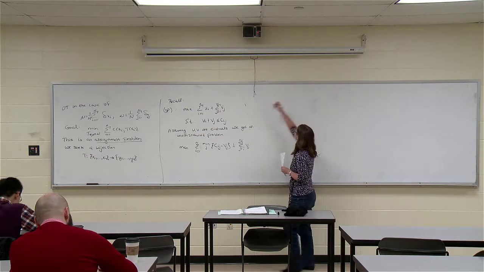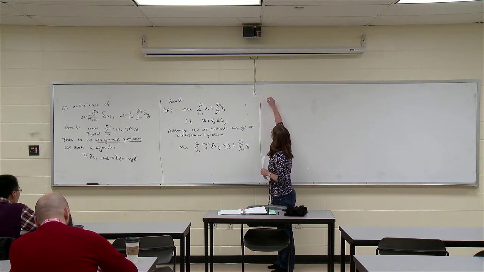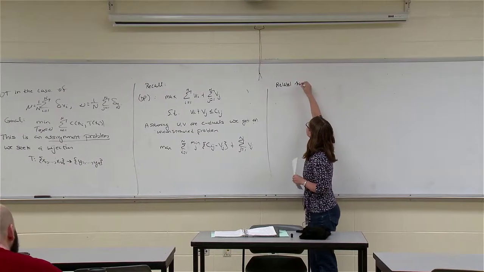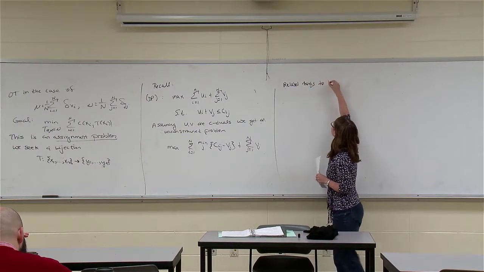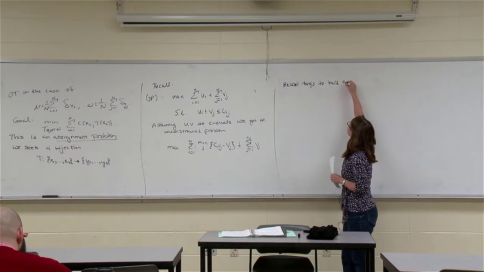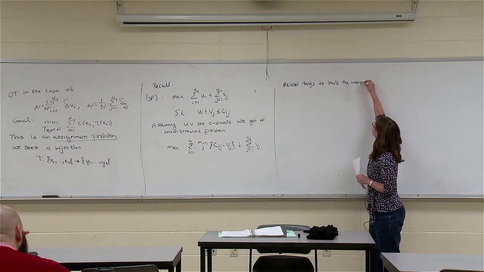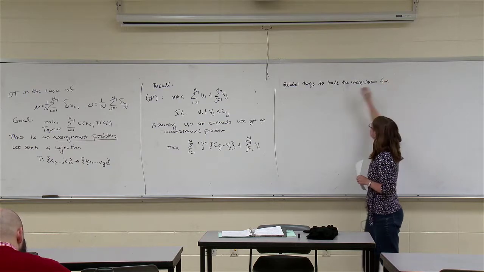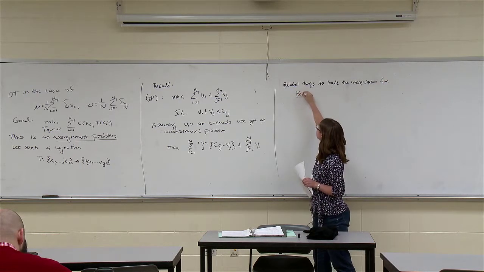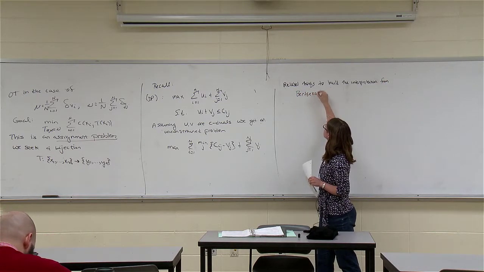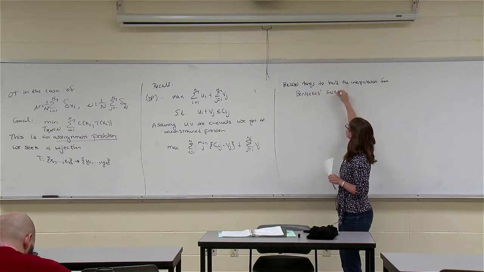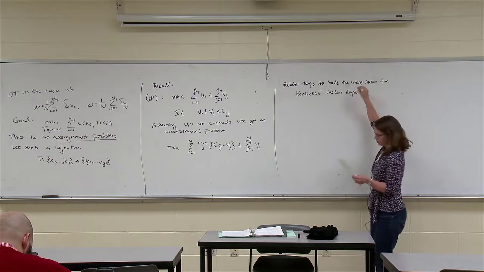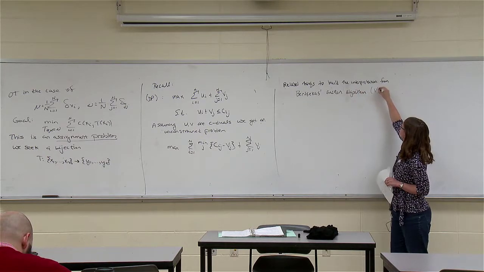So I'm going to relabel things a bit to build the interpretation from the auction algorithm. This was from around 88.